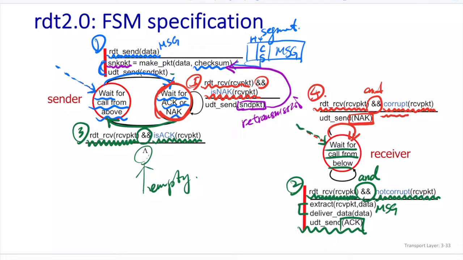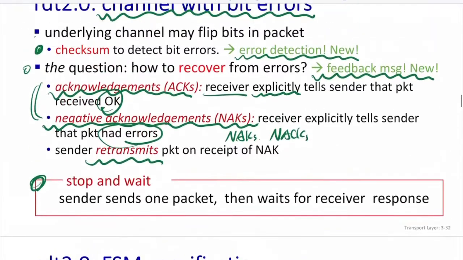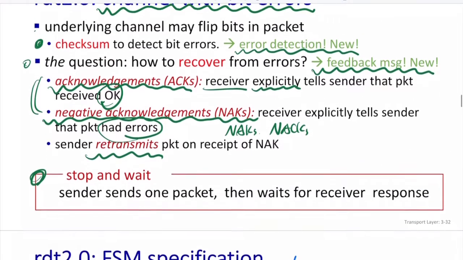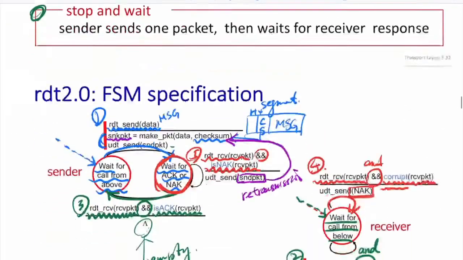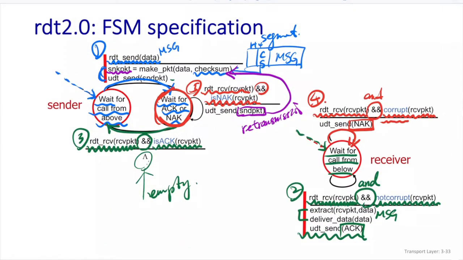Okay, and it is a very simple one because right here we only consider a channel with bit errors. And there is something wrong with this RDT 2.0. Okay, it's right here and here.